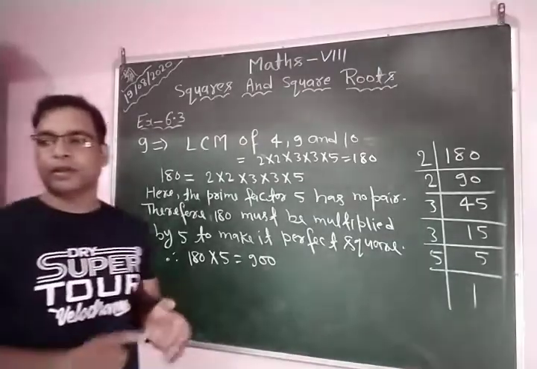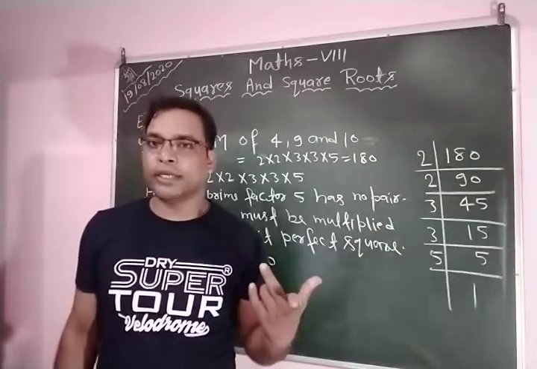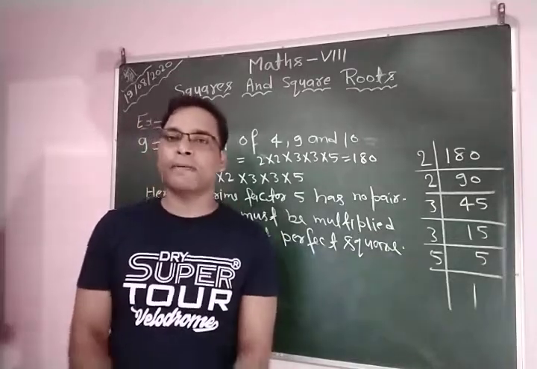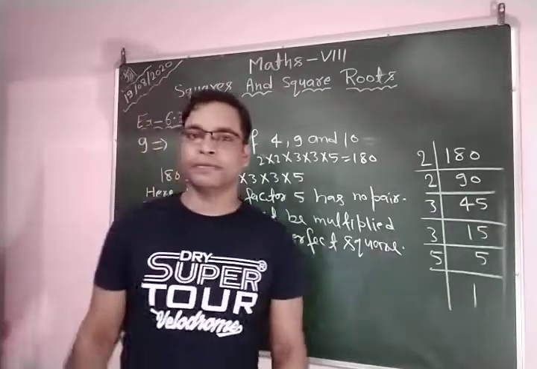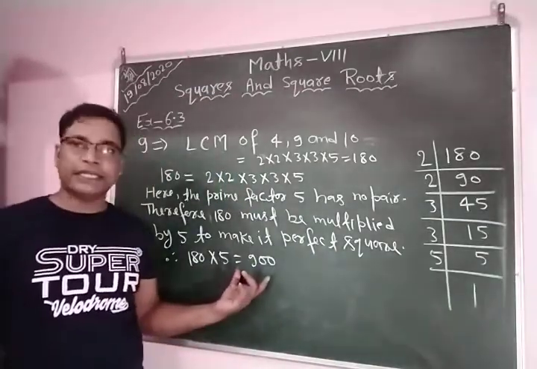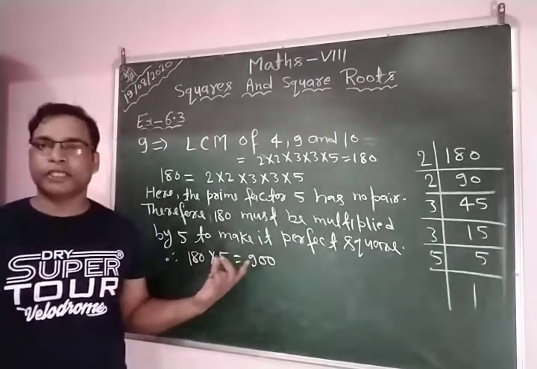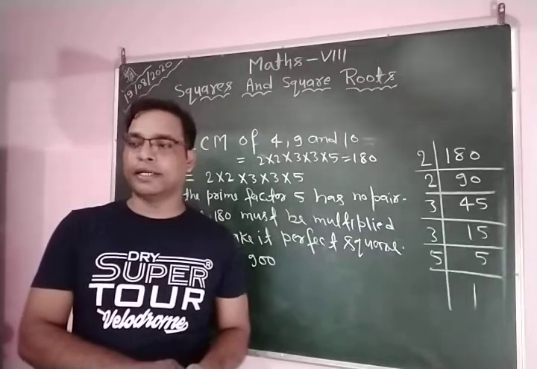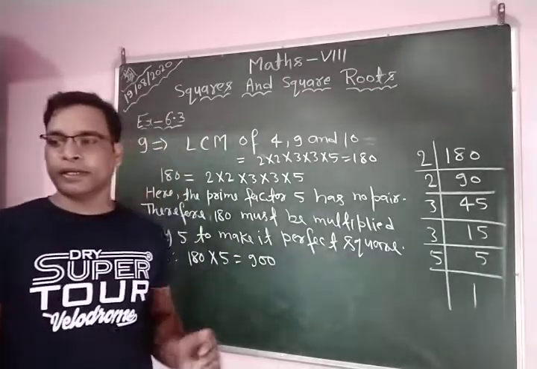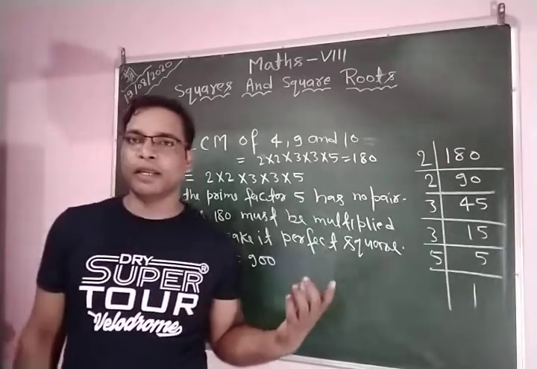This is the smallest number, and 900 is a perfect square. This is the smallest square number which is divisible by 4, 9 and 10.